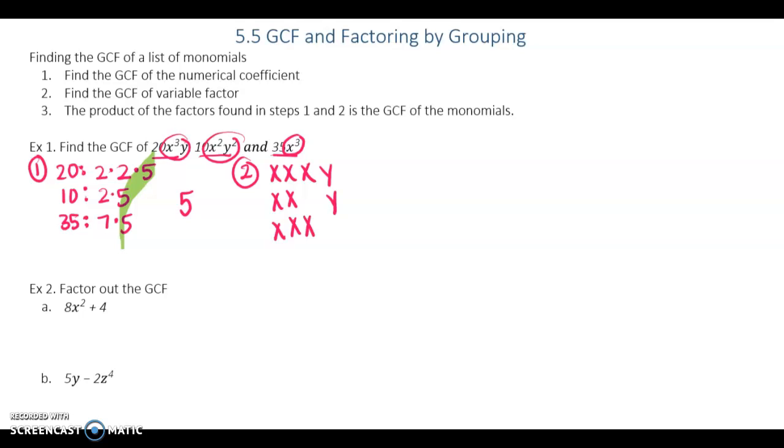So we'll circle what they have in common. They have this x in common, and they have another x in common. And that would be our greatest common factor for the variables. So that would be x squared. And so the greatest common factor would be 5x squared. And that's it.